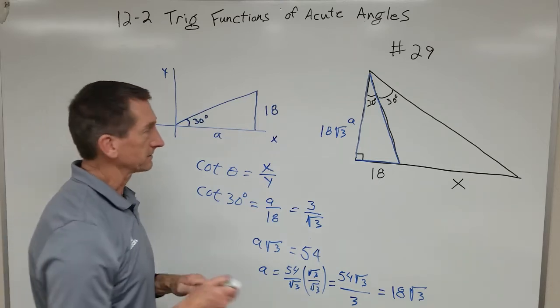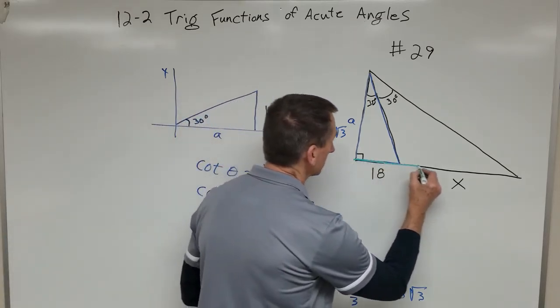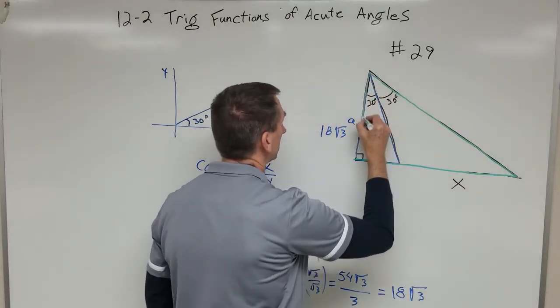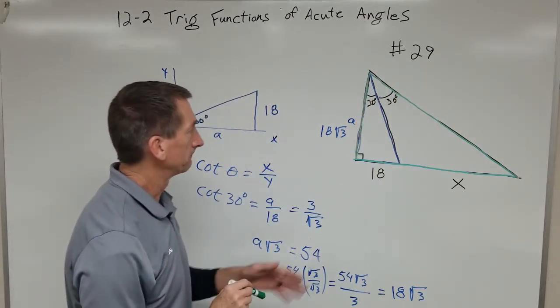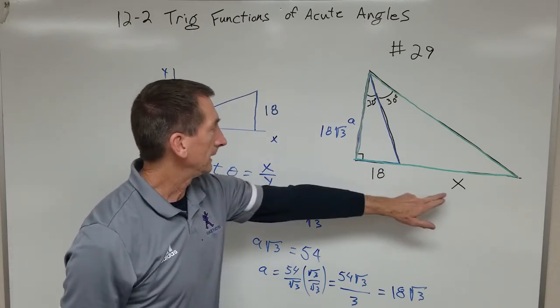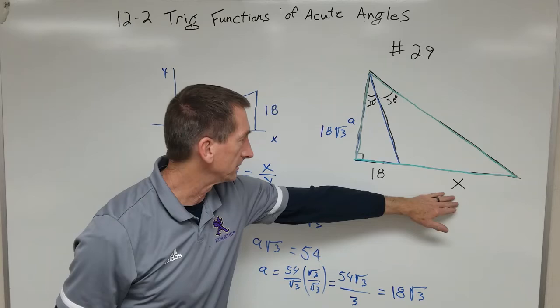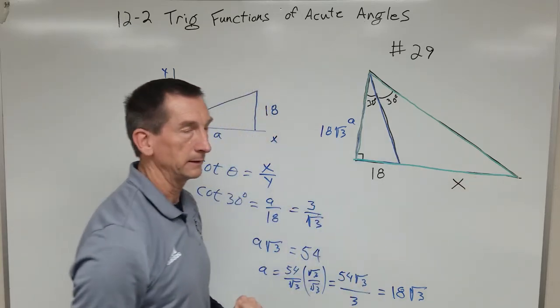Now let's look at this thing in a little bit different light. Let's look at it as this big triangle right here. I have one side length, and I have an x that I'm looking for down here, which involves a length down here.